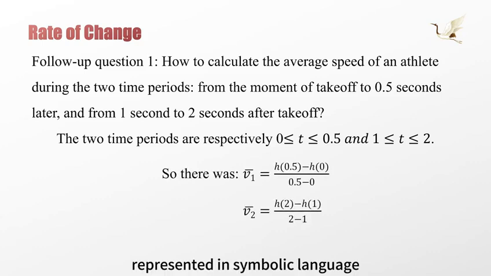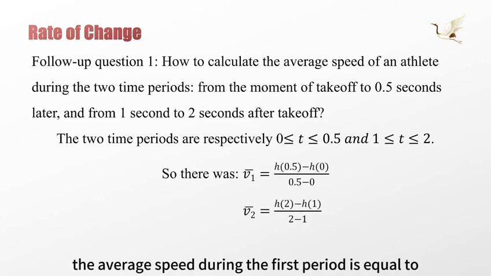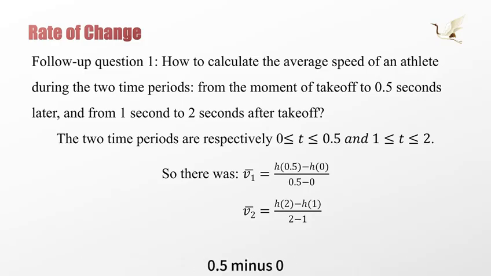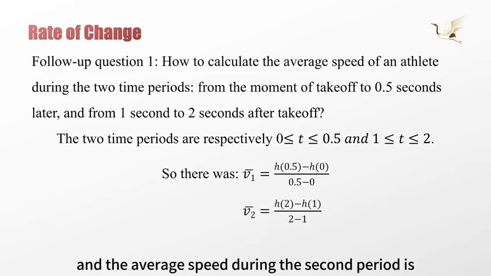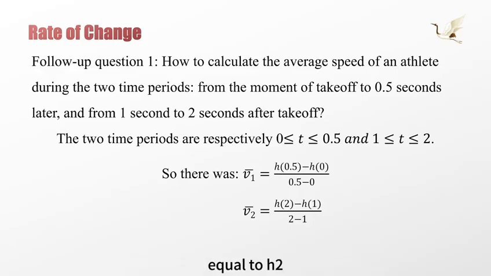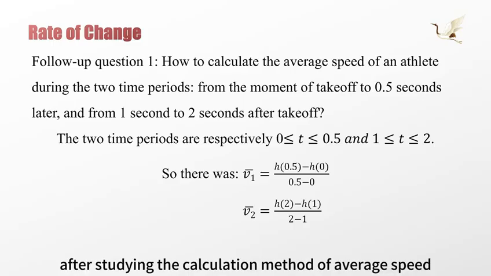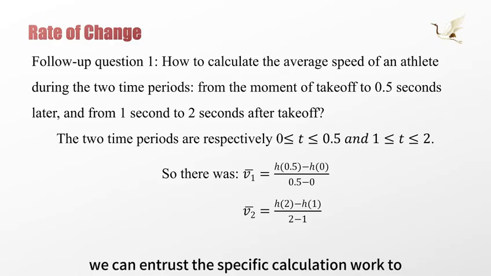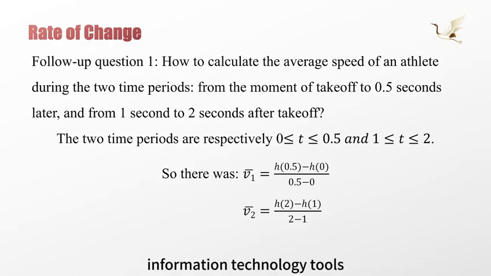Represented in symbolic language, the average speed during the first period is equal to (h(0.5) minus h(0)) divided by (0.5 minus 0), and the average speed during the second period is equal to (h(2) minus h(1)) divided by (2 minus 1). After studying the calculation method of average speed, we can entrust the specific calculation work to information technology tools.